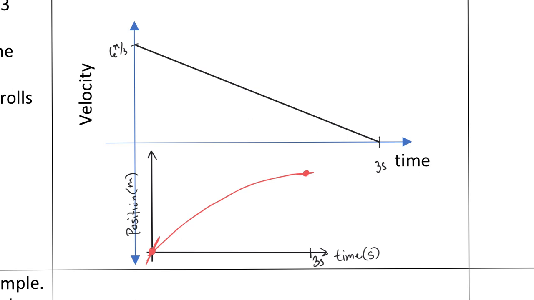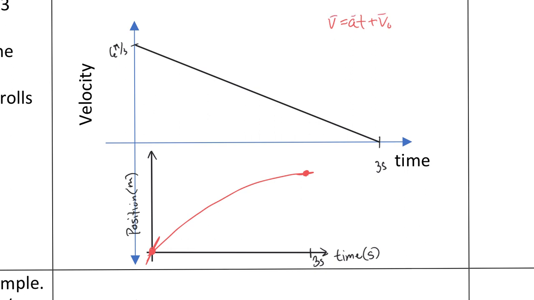Acceleration, did you figure it out? Negative 2 meters per second, sure. If you did the slope here, the rise is negative 6, and the run is 3, negative 6 divided by 3. Or you could have used the model, V equals AT plus V naught.